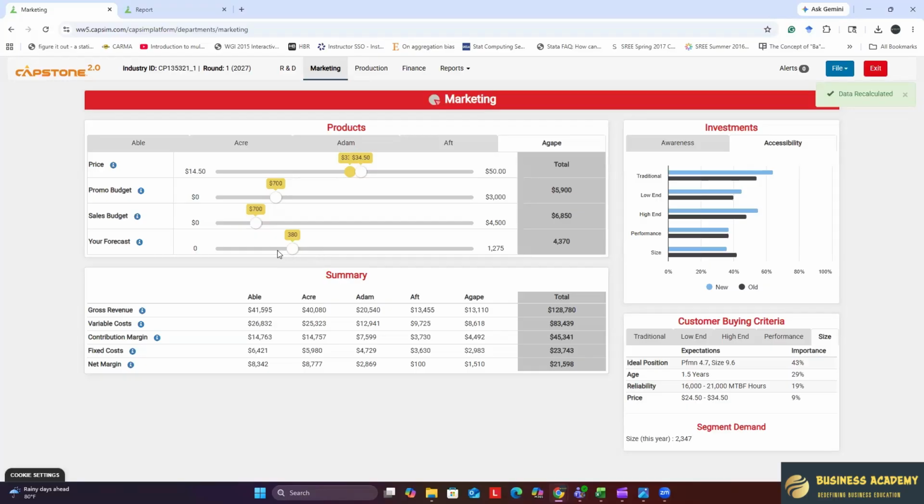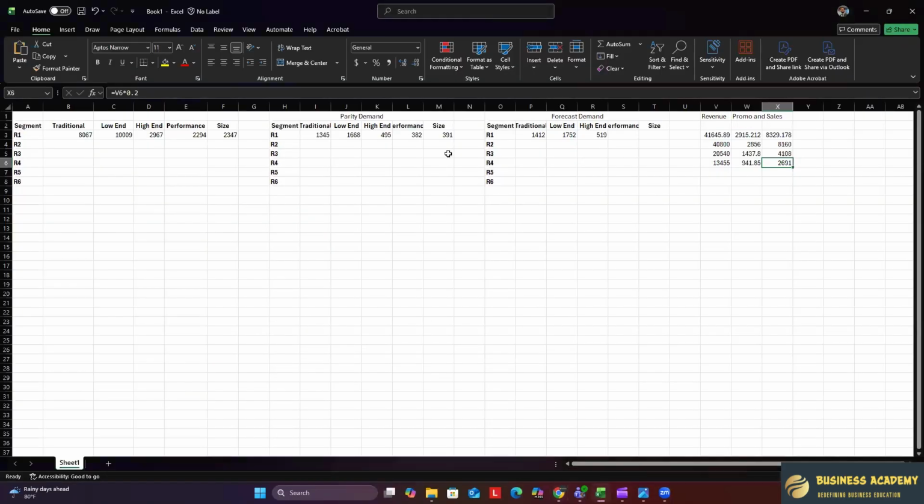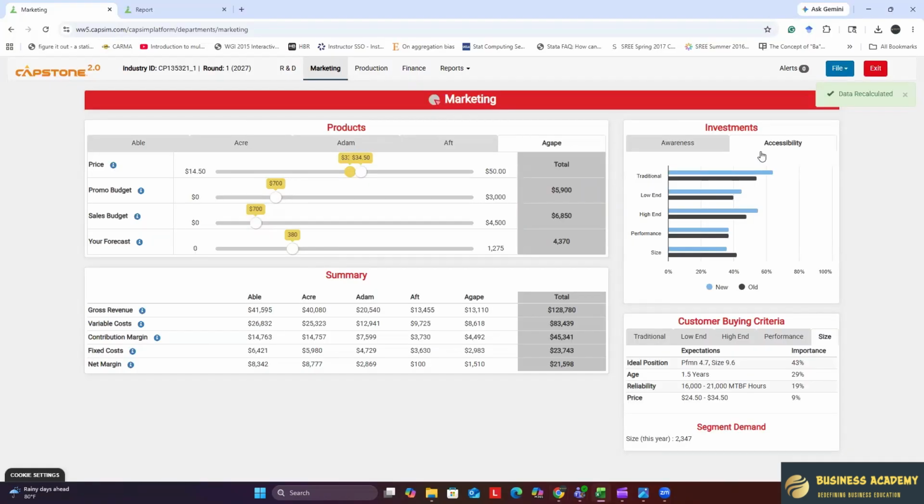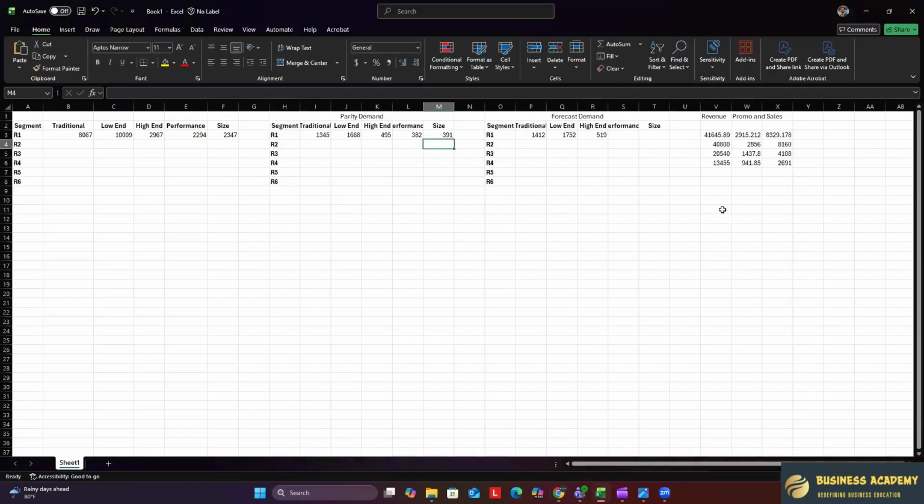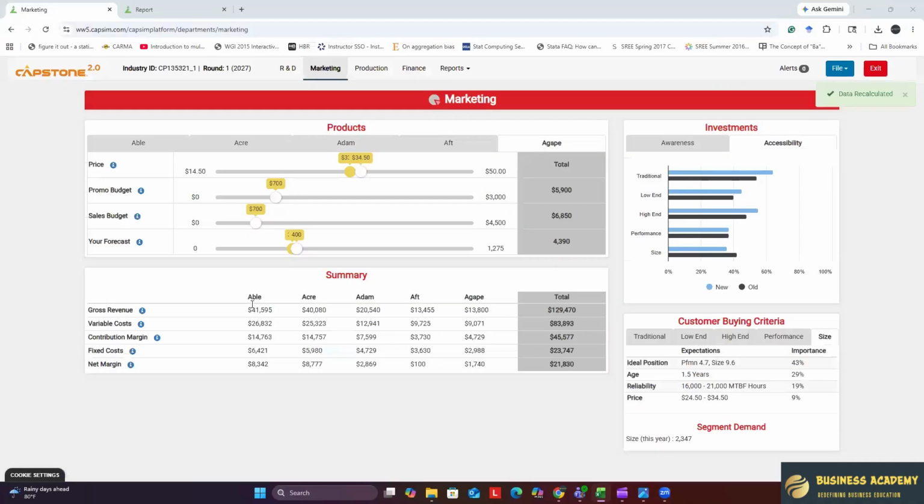So now is going to be forecasting decisions. 2347 is what's going to be sold this year from the entire industry, and the parity demand is 391. So I will try to increase this a little bit, because 391, as you see, that is 411.